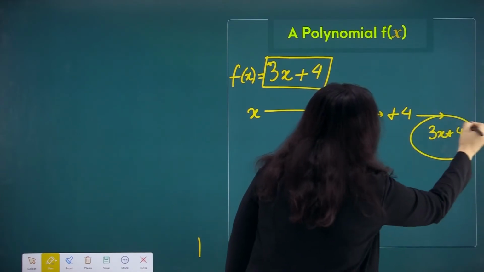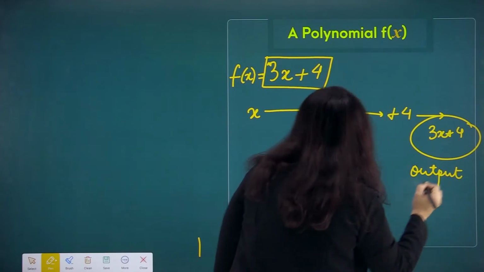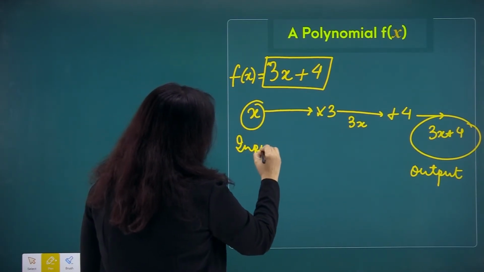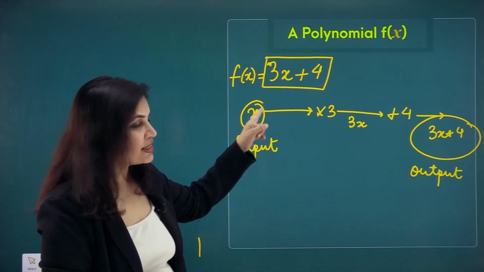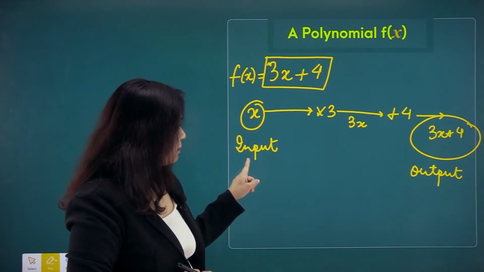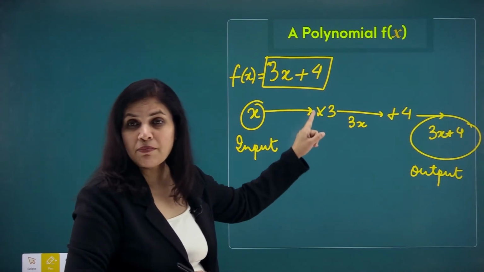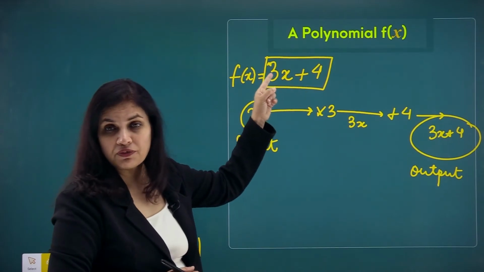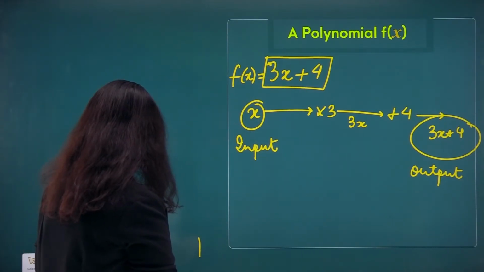So, this is my final output when the input is x. Since it is a polynomial, we can see that we obtain the polynomial by taking x as the input and processing it using some mathematical operation and finally getting an output, we get a function in x. That is why a polynomial is also known as a function in x.